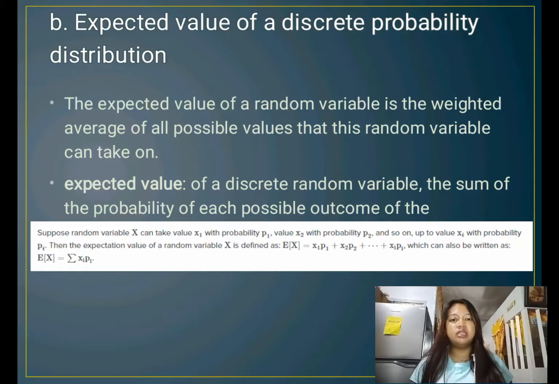Then the expected value of random variable x is defined as E(x) equals x1 times p1 plus x2 times p2, and so on and so forth.